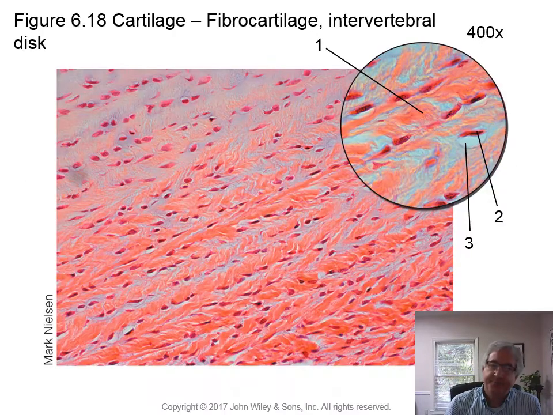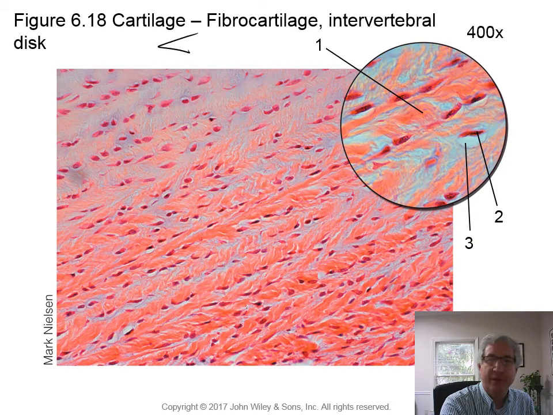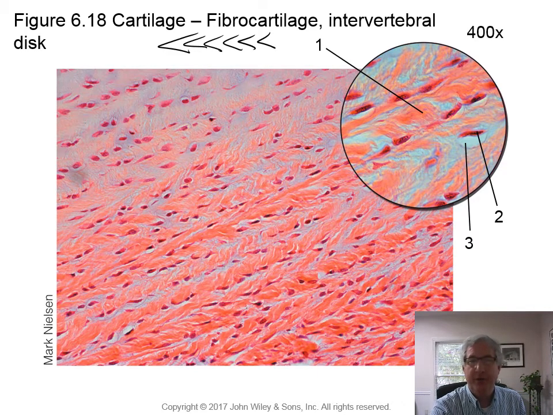Next slide. Here's fibrocartilage. This is what it looks like. And you see these thick bundles of collagen fibers, and they're arranged not really parallel, but in this picture it looks like they're arranged kind of like this, okay. So it looks more like these fibers are arranged like this, which you can see would give you lots of compressibility up and down.